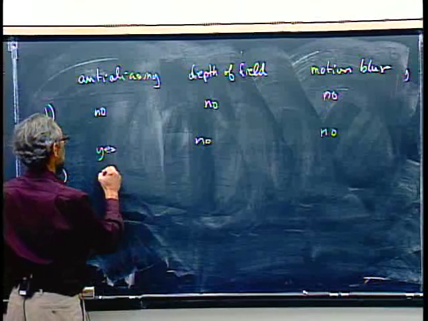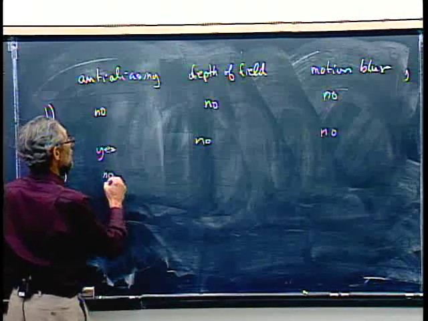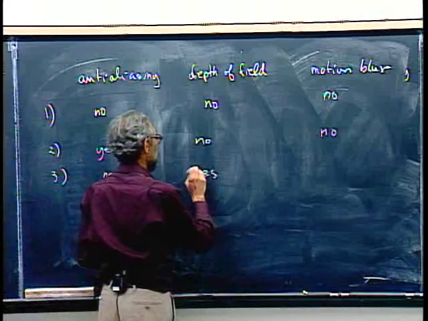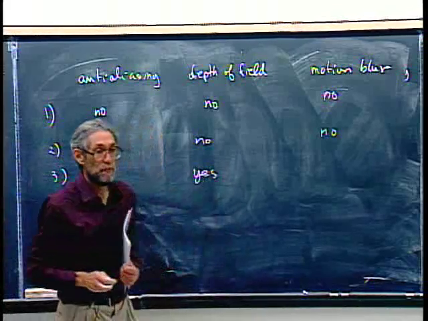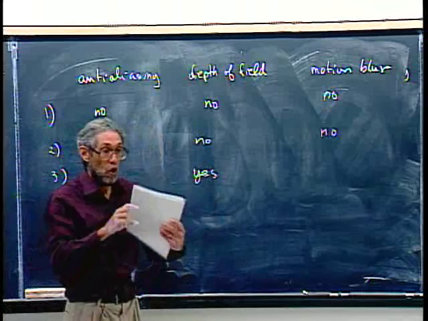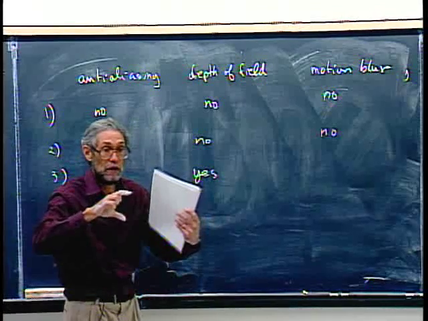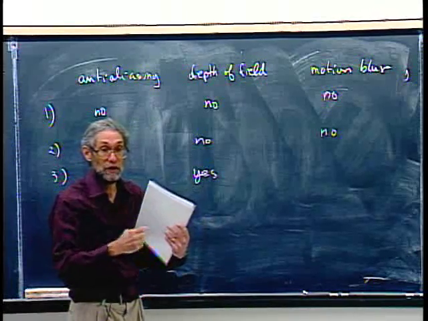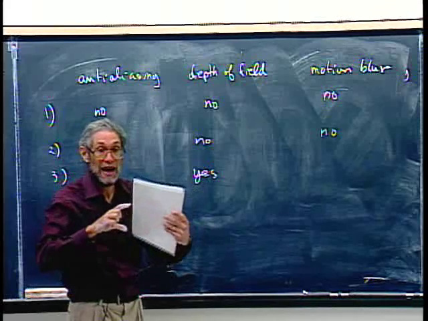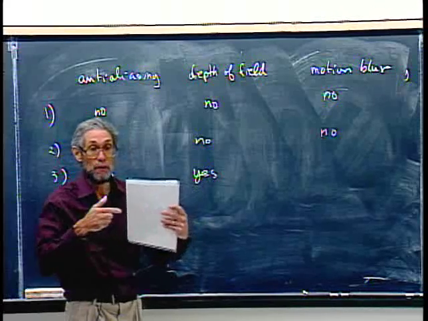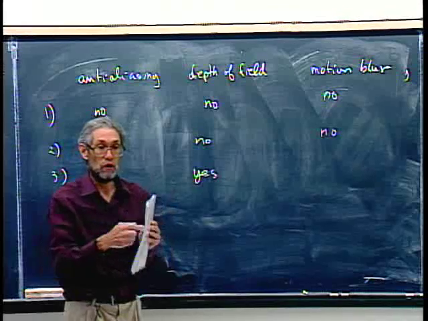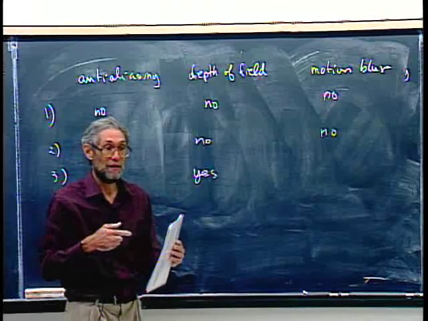And then no anti-aliasing, but yes, depth of field. And for depth of field, you should experiment, right? The width of the circle in camera nomenclature, that's the f-stop, how wide the angle is, what's the ratio of the diameter of the lens opening to the focal length of the lens.